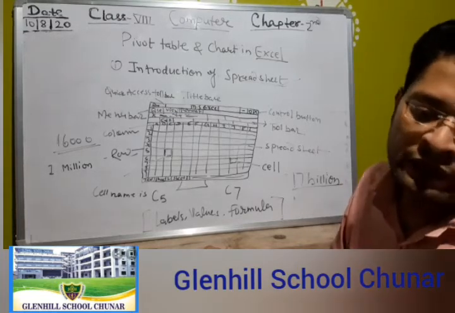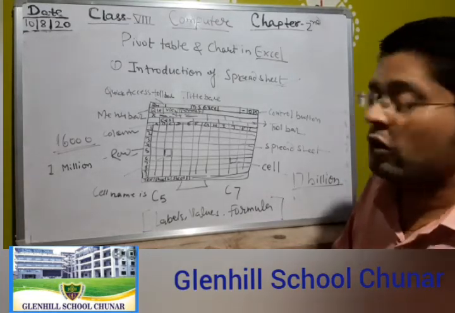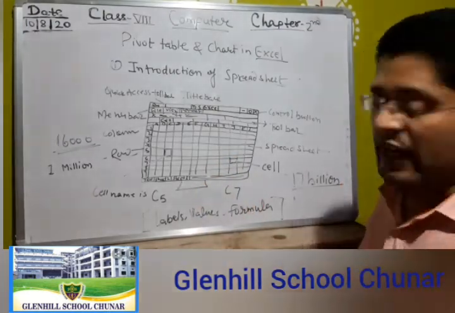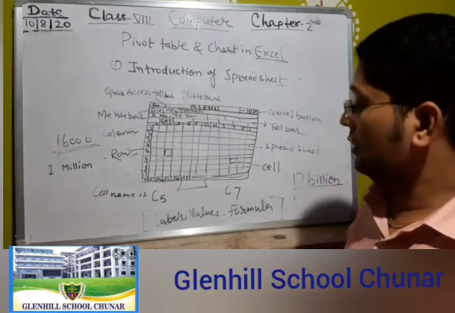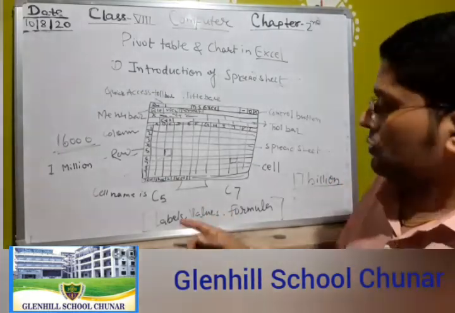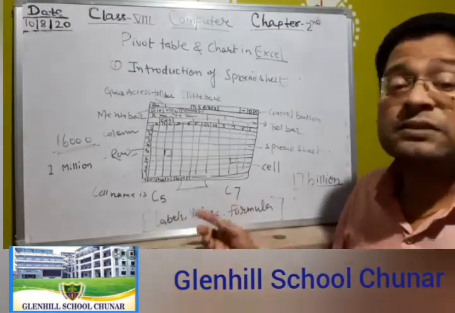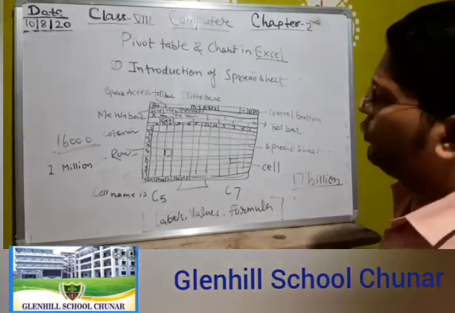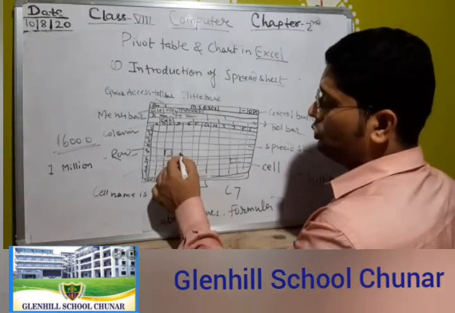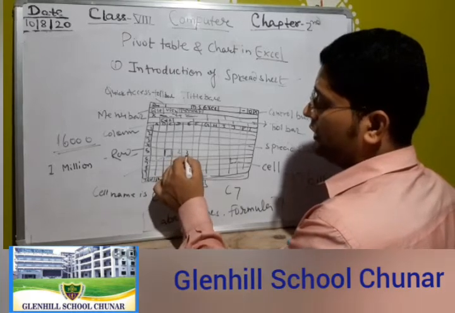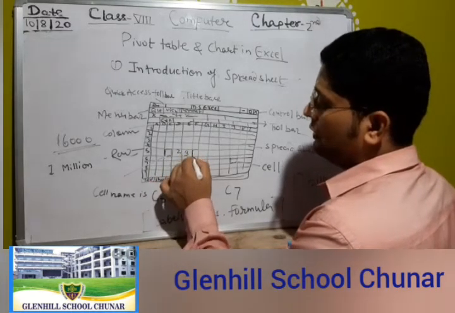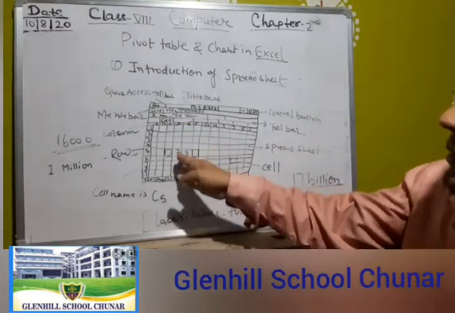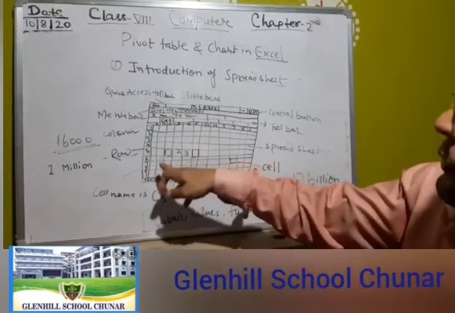A formula performs calculation on data in the worksheet and displays the result. A value is a number. So a label means text, a value means number, and for a formula, suppose you entered 2 in this cell and 3 in this cell, and you want this cell to show the sum of D5 and E5.